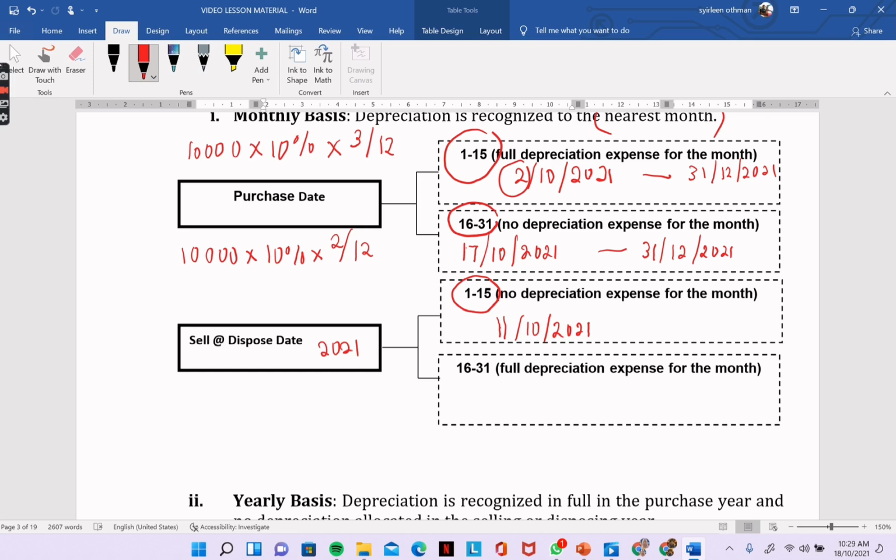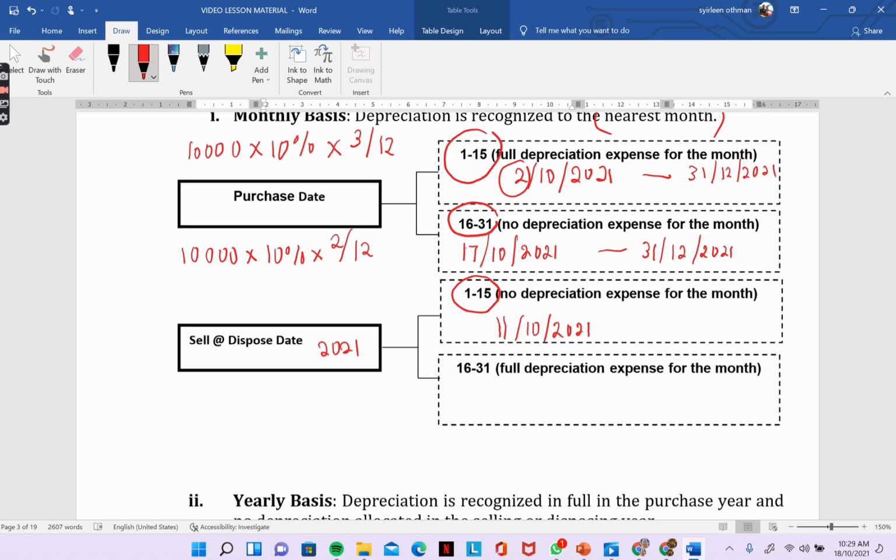depreciation expense? Okay, so kita dah ada asset tu dengan kita from the very beginning of the year. So the asset calculations, the depreciation calculations will be January, February, March, April, May, June, July, August and September only.